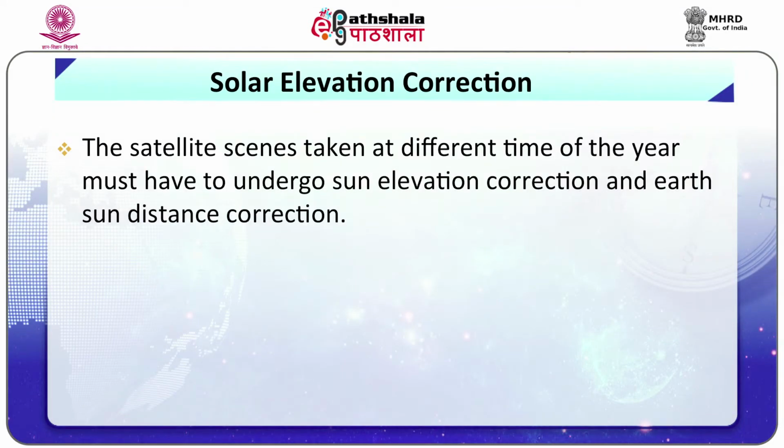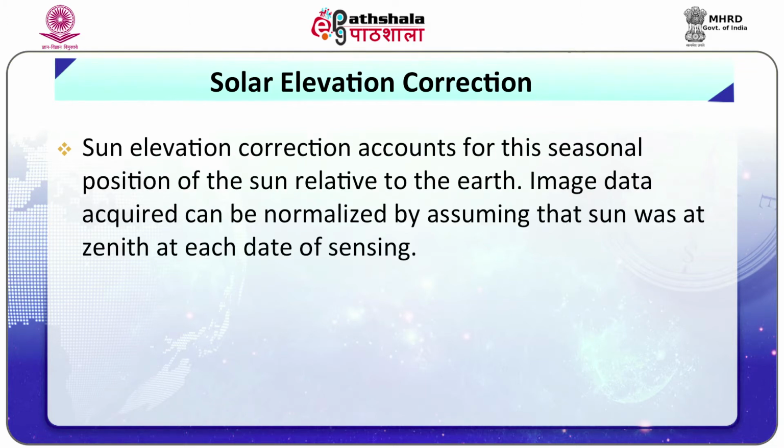For satellite scenes taken at different times of the year, it is a must to apply the sun elevation correction, and the Earth-Sun elevation correction accounts for the seasonal position of the sun relative to the Earth.